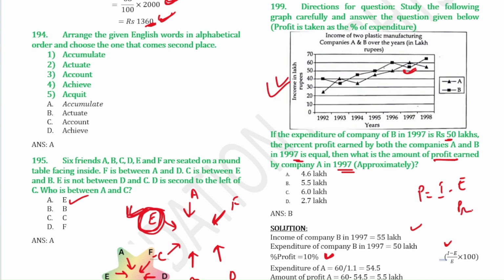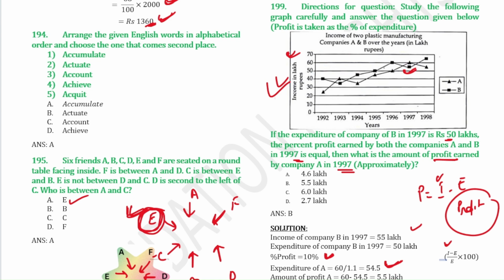That's why income is given here, so we can find the income from this one, but we don't know the expenditure of company A. So to find the expenditure of company A, it will be 60 divided by 1.1, which will give you 54.5 lakh. So that is the expenditure of company A.